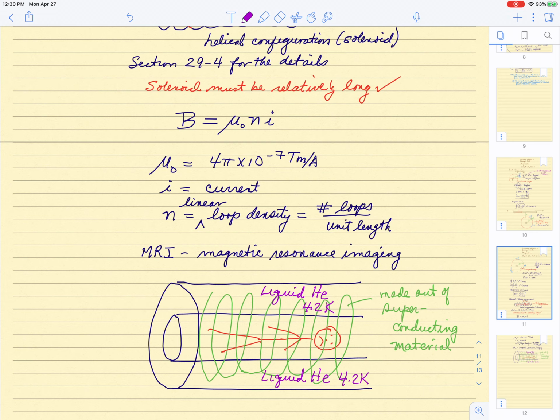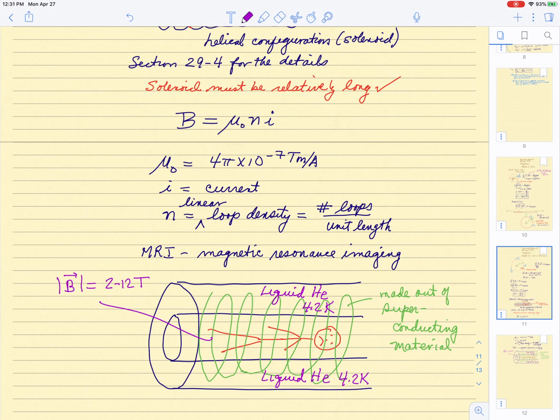That temperature is low enough to keep the material in the superconducting state, and hence the magnetic fields can be very high. The magnetic fields in magnitude here could be 2 to 12 Tesla, depending on the kind of instrument. So very large magnetic fields inside MRIs.